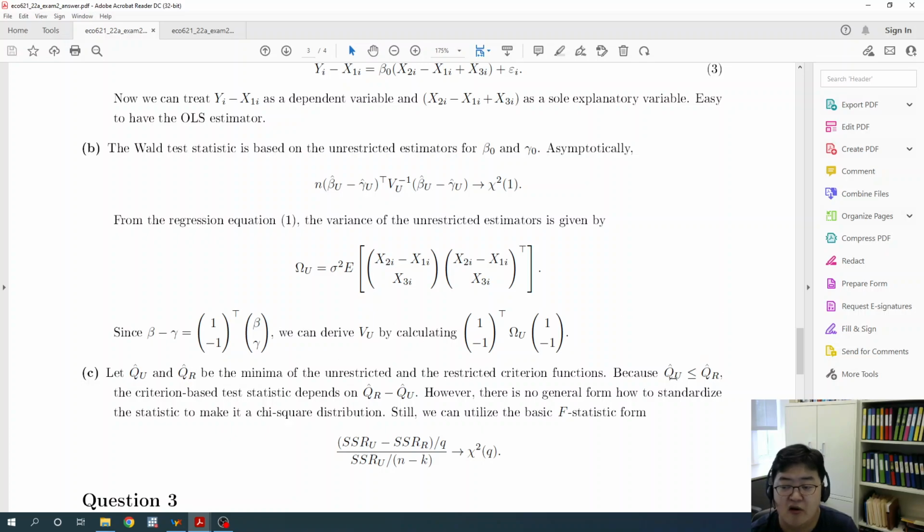We know that, because it's a minimization problem, the unrestricted minimum is smaller than the restricted minimum. So our test statistic will be based on this, right?